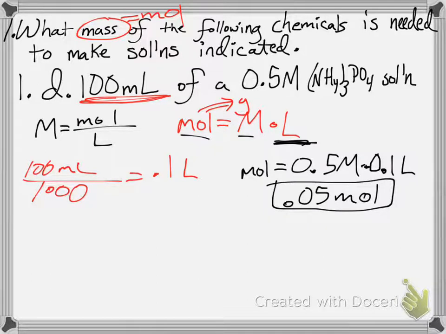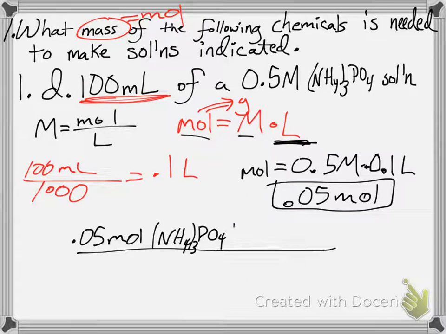But again, these questions are always going to ask about mass, because if you just told me you need 0.05 moles of ammonium phosphate, I will look at you and go, and how do you want me to measure that? Normally in grams. So now we just got to convert that. So 0.05 mole of ammonium, NH4, phosphate.